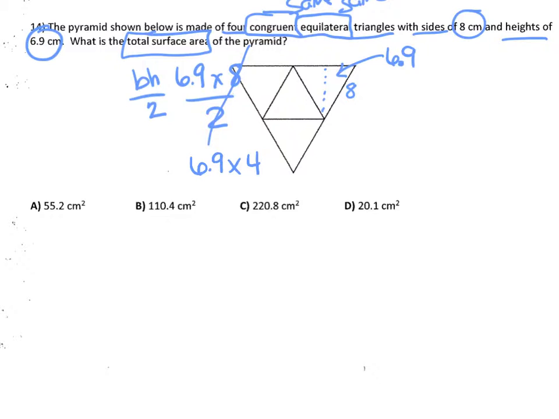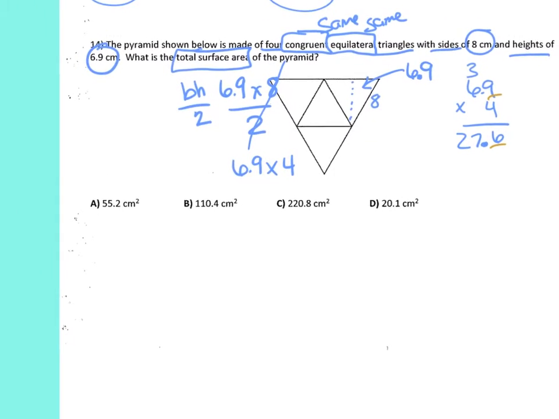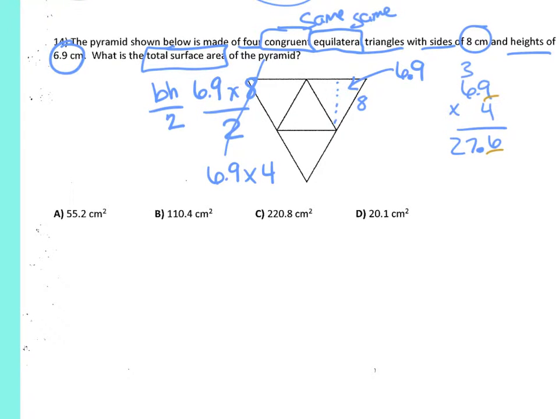So 6.9 times 4. And now this is just going to be the area of 1. I divided 8 by 2 so I would have a smaller number to deal with.